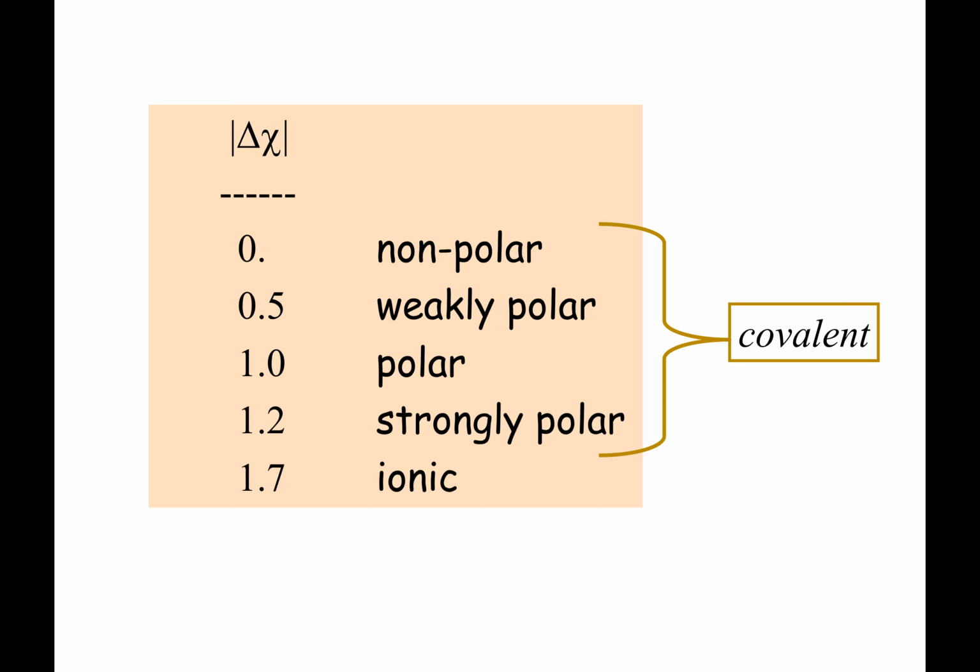I don't have my slides in front of me, but can you help me out? Go a few slides ago to when I had Pauling values, and can you tell me what the electronegativity value of oxygen is? 3.5. Thank you. What about the electronegativity of hydrogen? 3.1, thank you.